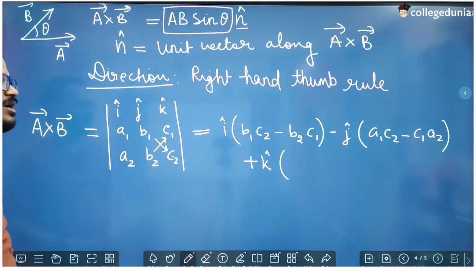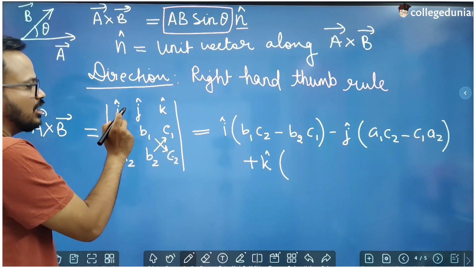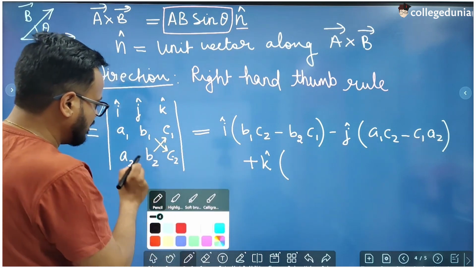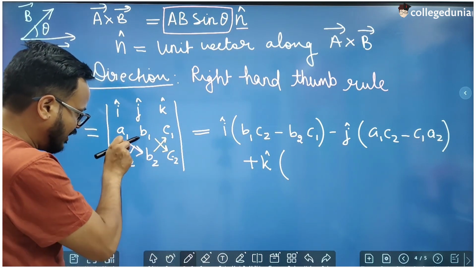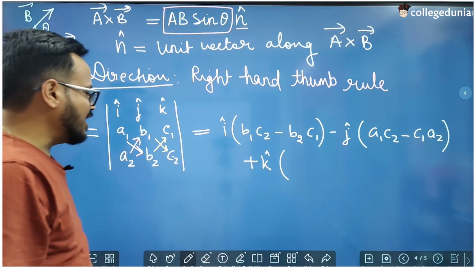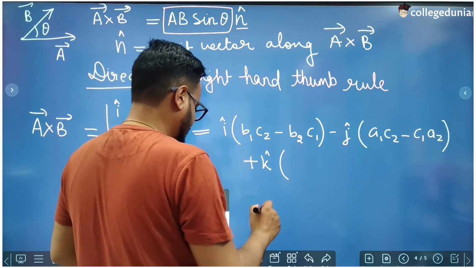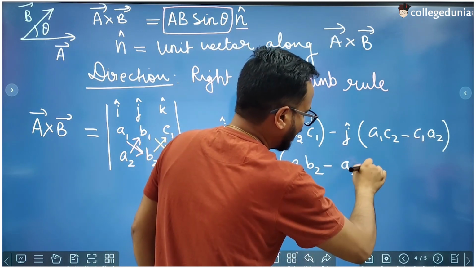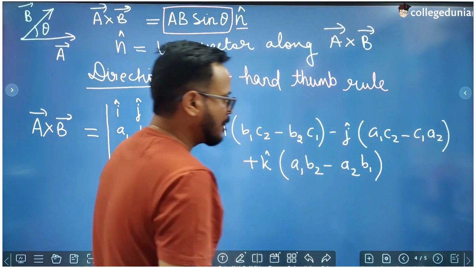We will leave the row containing k and the column containing k, and we are left with these four. So in the bracket we will write a1 b2 minus a2 b1.